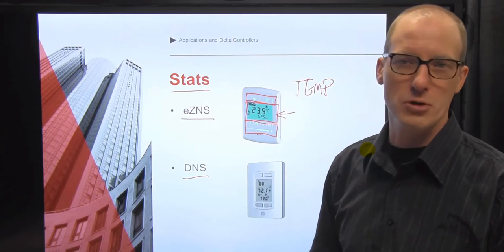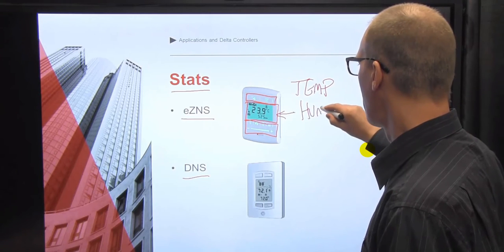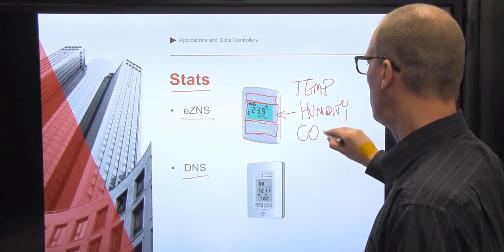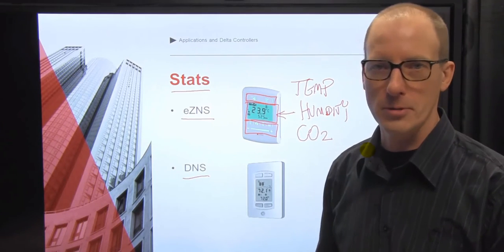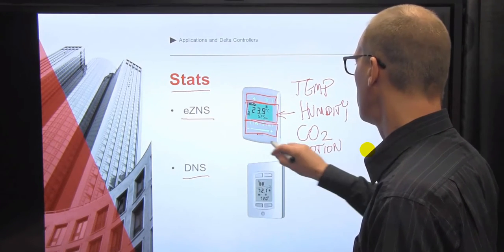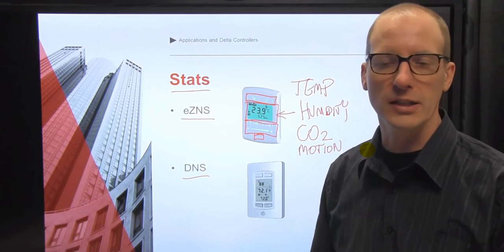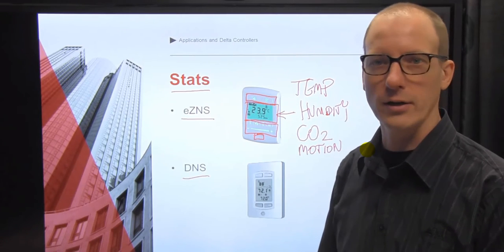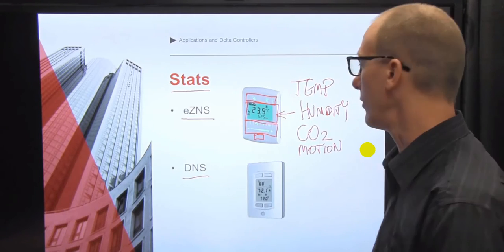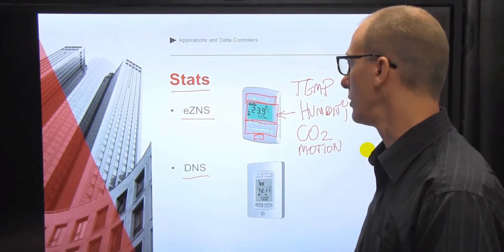Other optional sensors you can get with the EZ&S are humidity, CO2 for air quality measurement, and motion sensing, where there's a motion sensor on the front of the product to detect motion in the space, for rooms that are frequently unoccupied. So the occupancy would track the motion sensor, or turn the lights on, those kinds of applications. So that's the EZ&S in a very short version.